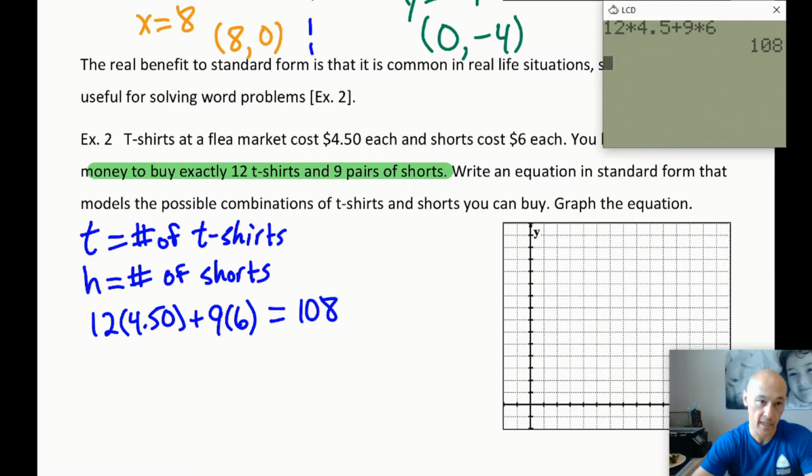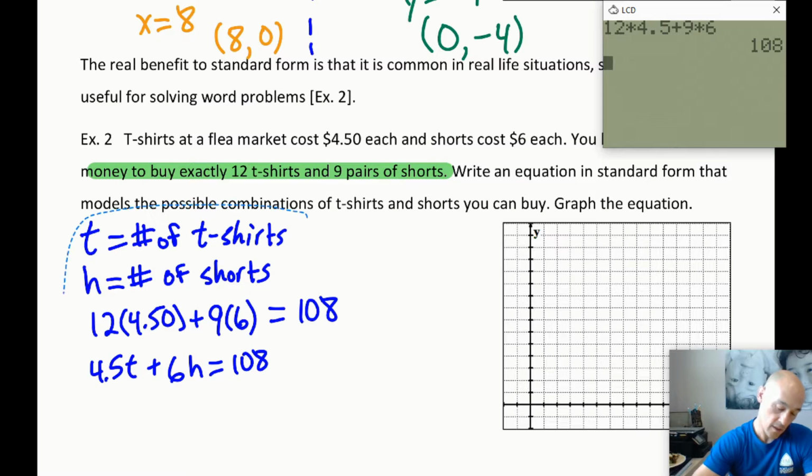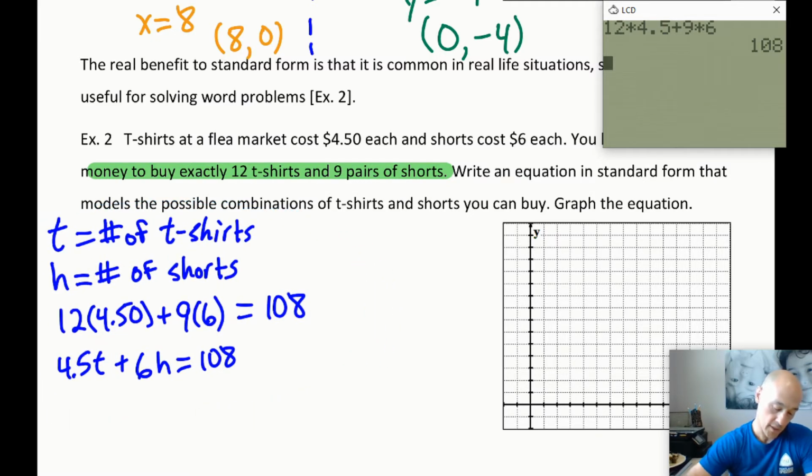So we have $108, and so we have 4.5 times T, so $4.50 per t-shirt times the number of t-shirts, plus $6 for each pair of shorts times the number of shorts equals $108. And so that's how we can write an equation for that situation.